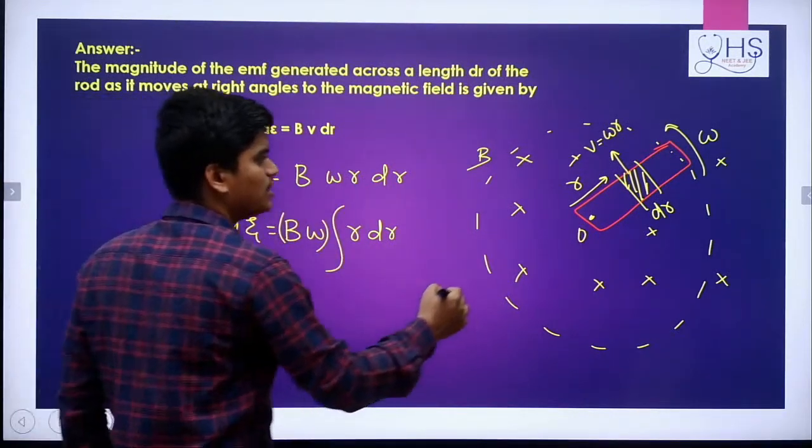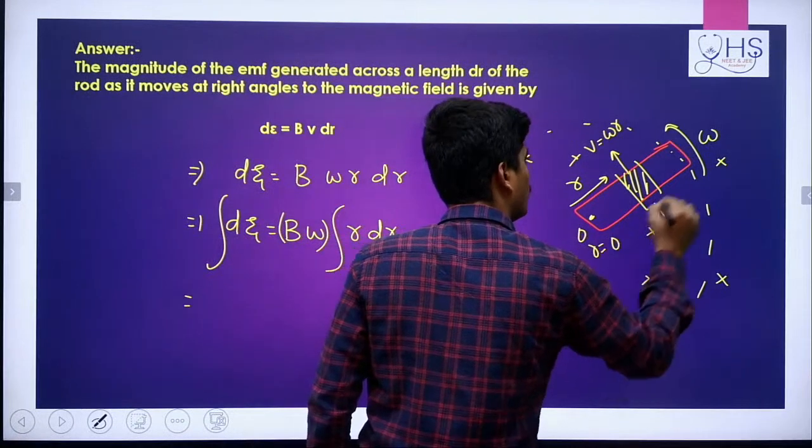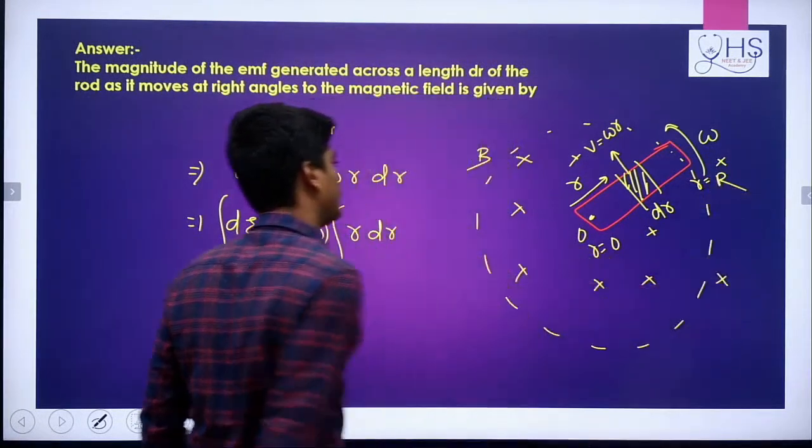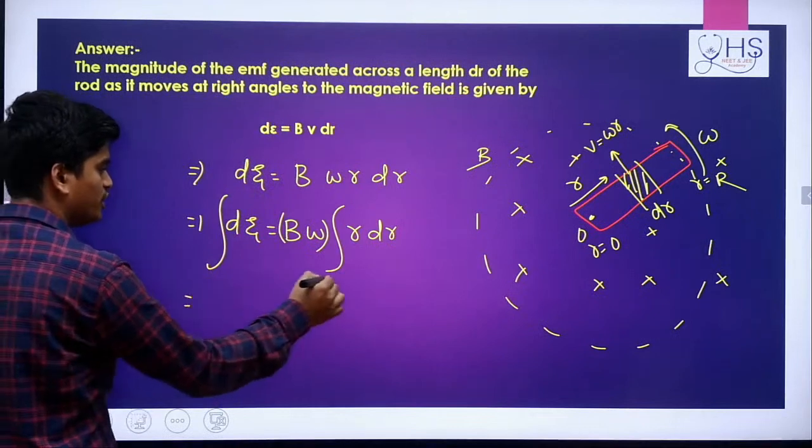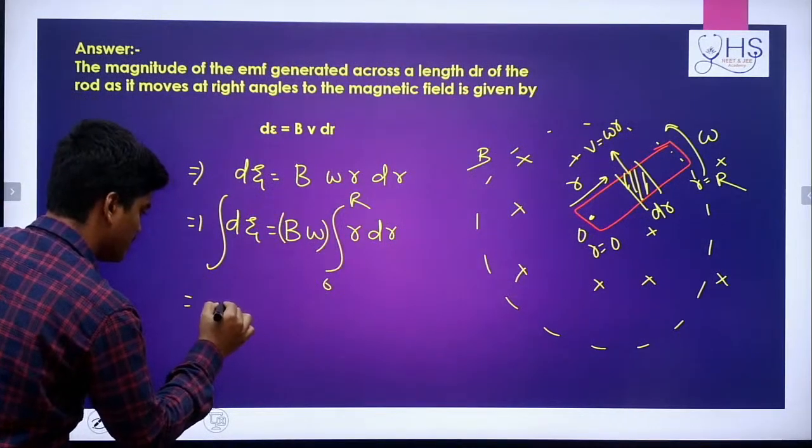What integration? Here small r is 0 and here small r equals capital R. So you do the integration from 0 to R, and now you will get the EMF.